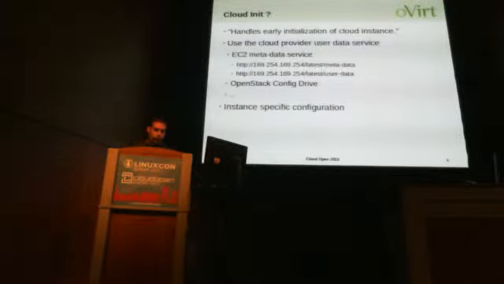OpenStack has something similar. They call it a config drive, basically the same way to pass user custom data into the VM using a drive attached to the VM. It's important to say that this data is instance specific. Every VM has different user data passed to it on creation.